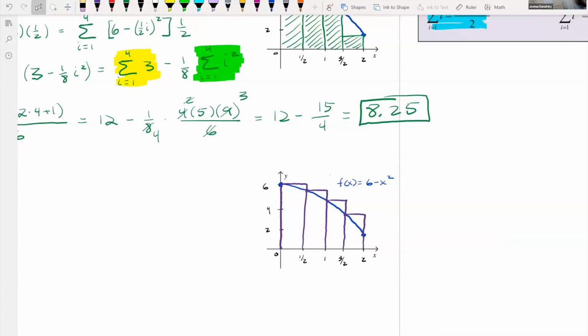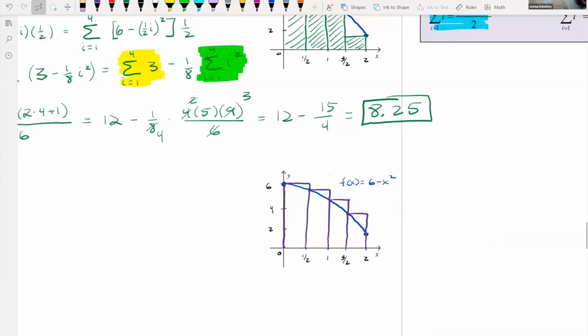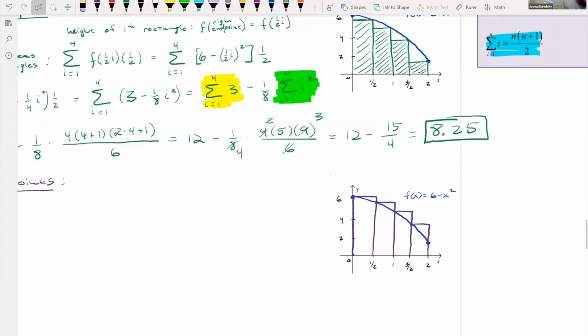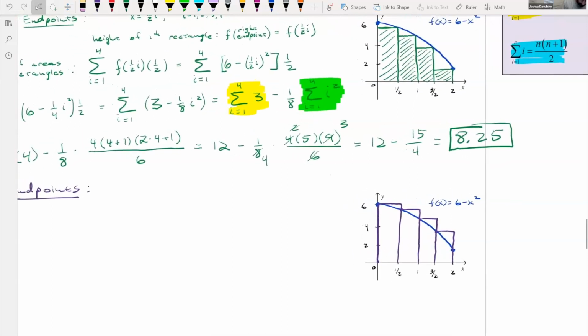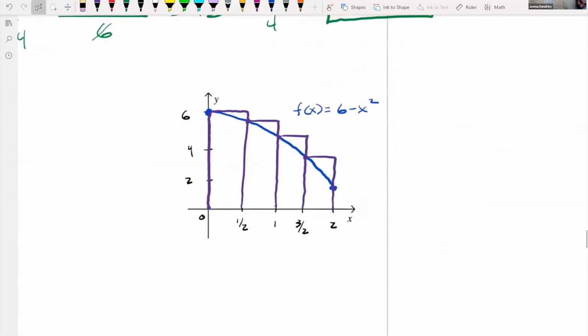Okay, now let's think about how we're going to actually find these left endpoints. So we want left endpoints that are going to start right there. And we have to include i because i is counting our rectangles. So if we start with an x value of 0, right?